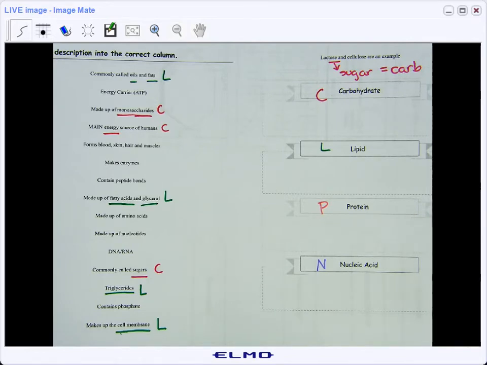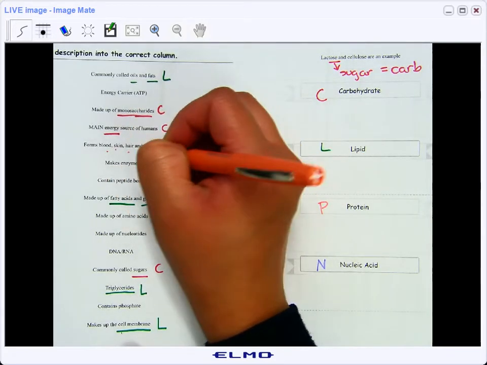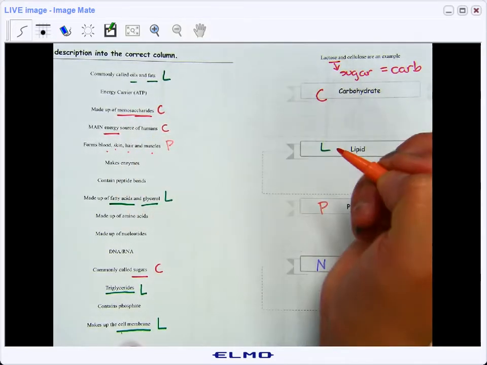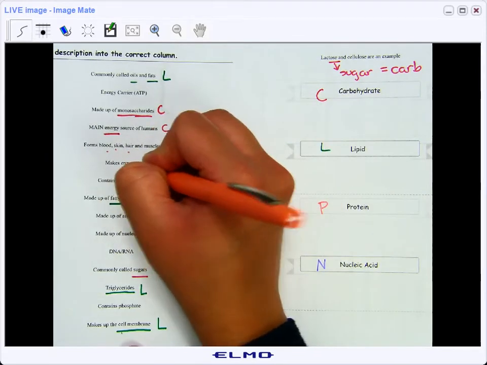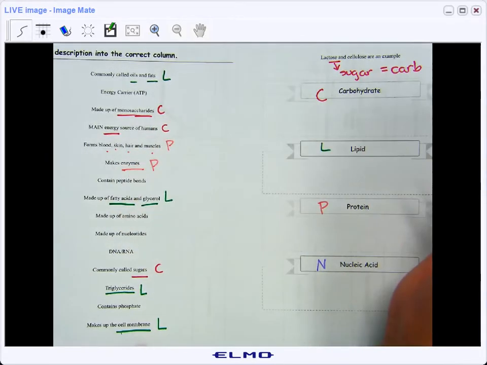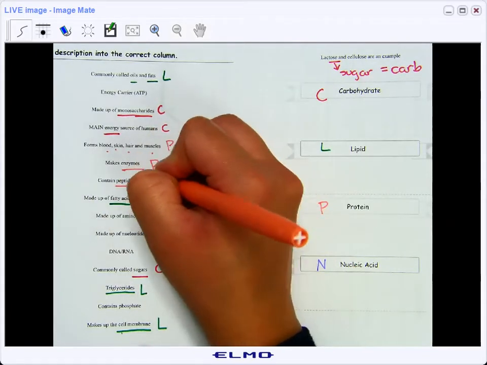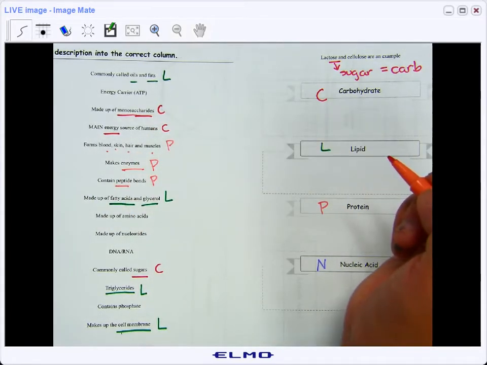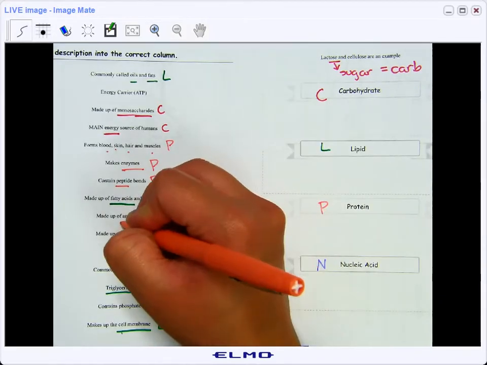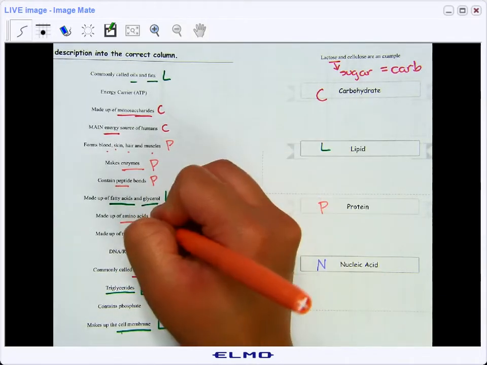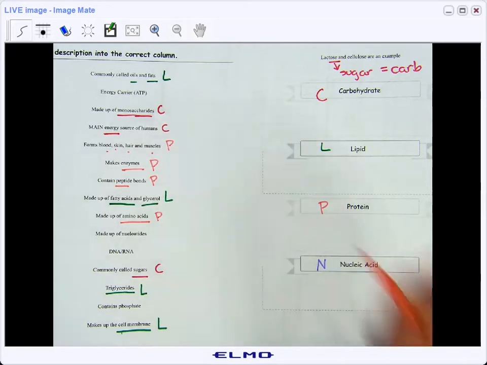For proteins, blood, skin, hair, and muscles, that's protein. Makes enzymes, enzymes are protein. Contains a peptide bond, that's also protein. And made up of amino acids. Remember, there are 20 different amino acids for protein.